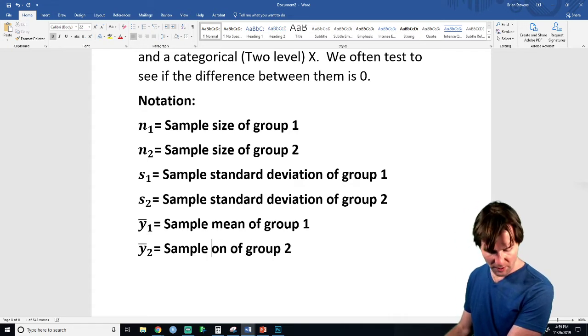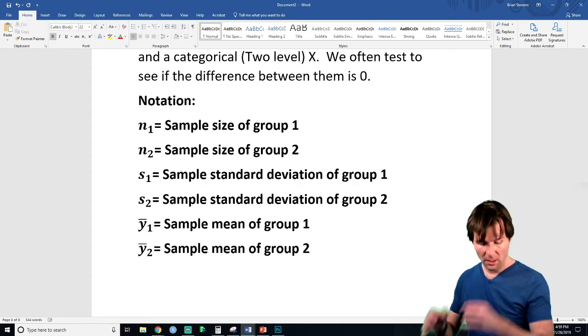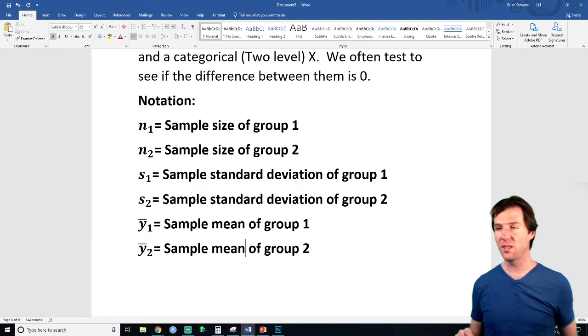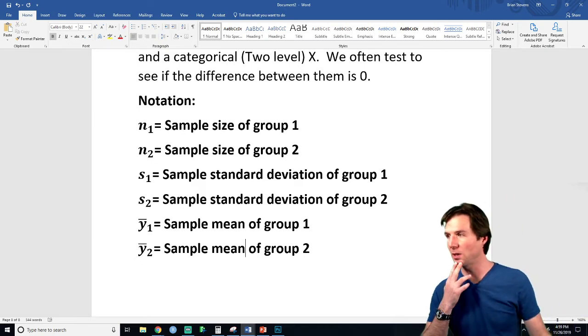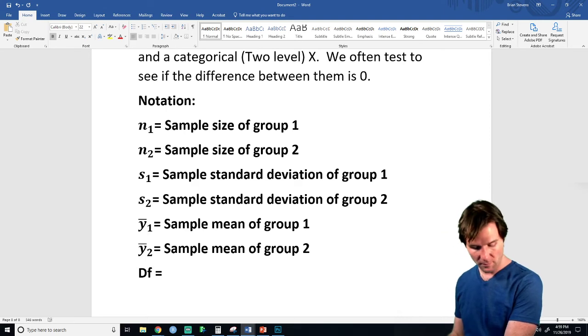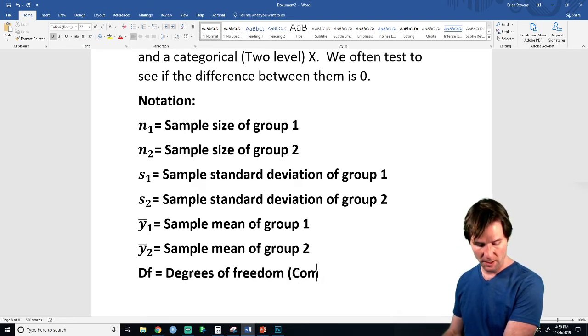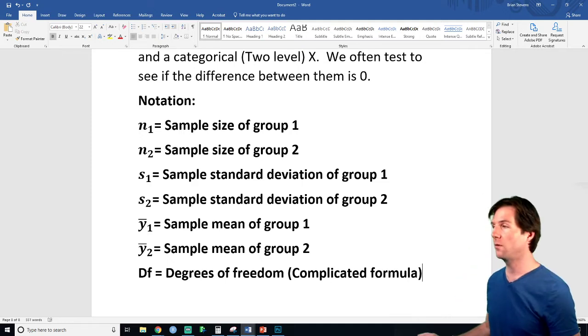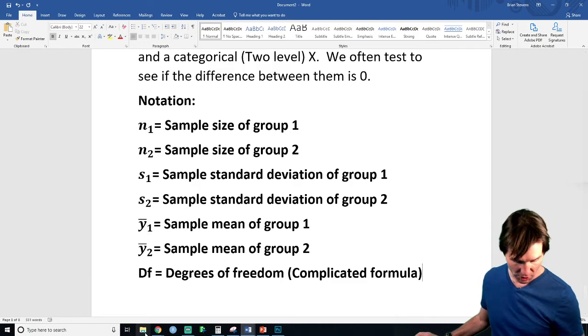I'm trying to think what else we need. Degrees of freedom. DF is degrees of freedom. It's a complicated formula. We'll use an applet to solve it, but I'll go ahead and show it to you.